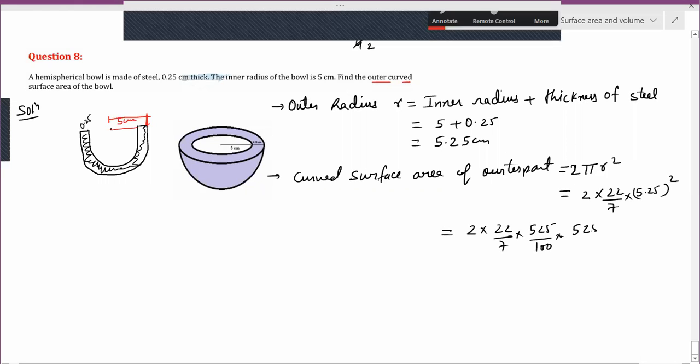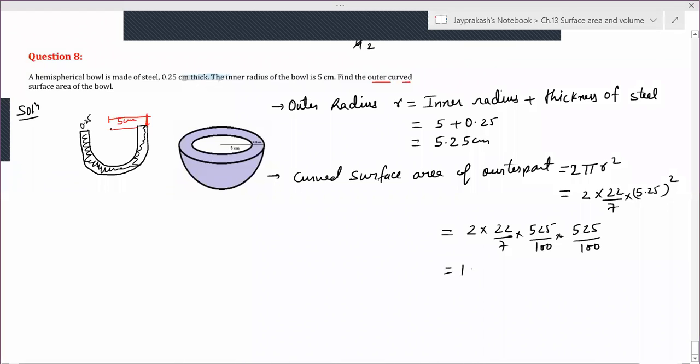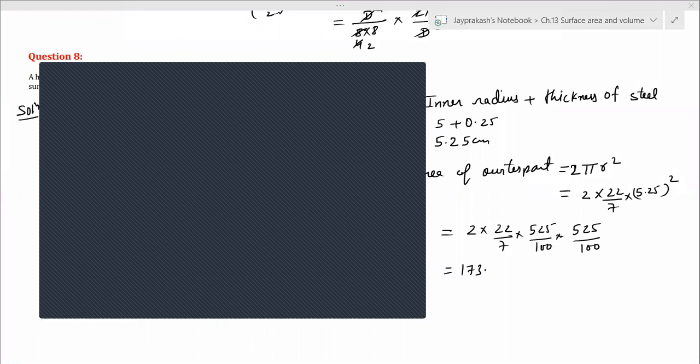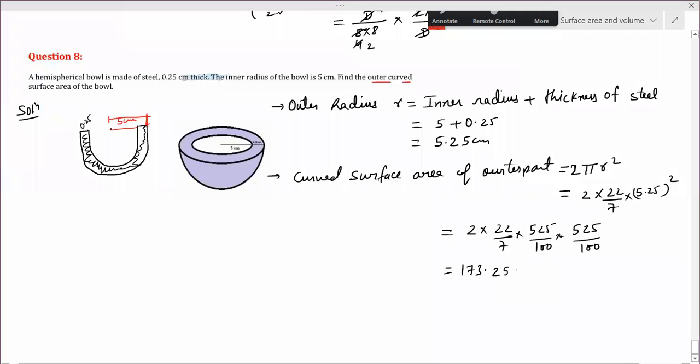Now solve it. Its approximate answer is 173.25, and the radius is in centimeters, so centimeter square.